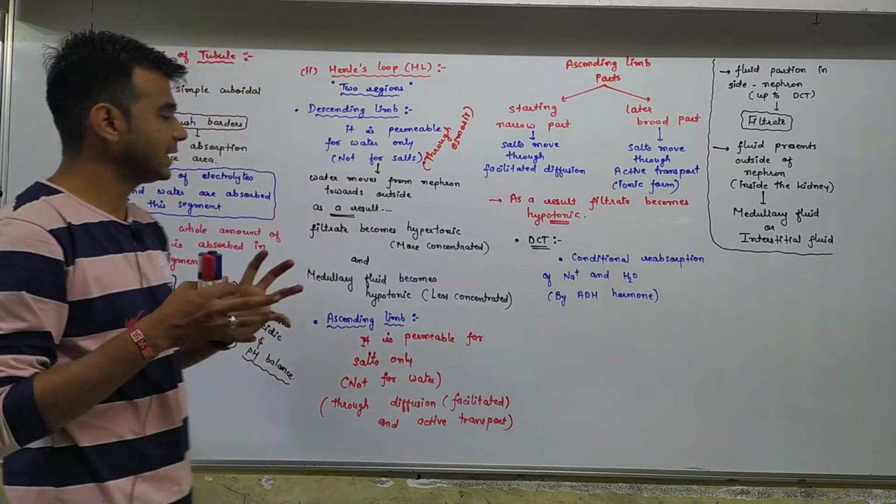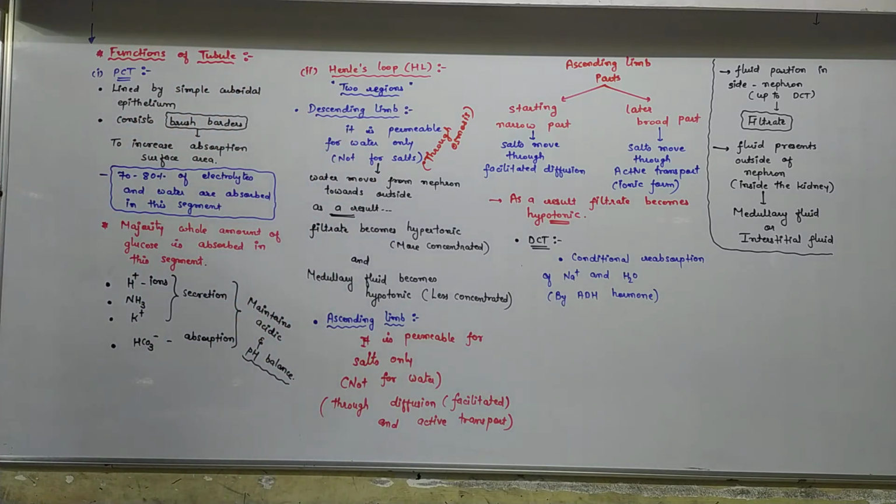So if sodium ion and water amount is more in the urine, then it is prevented by ADH hormone.